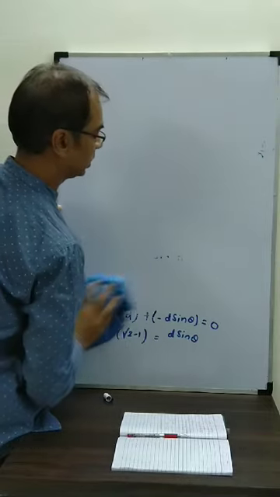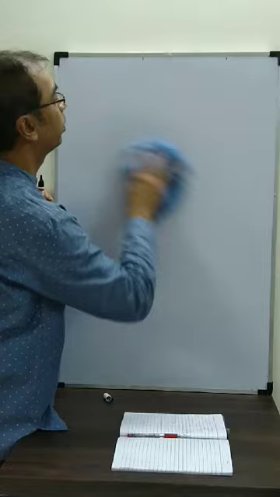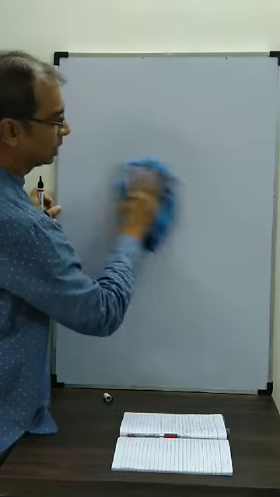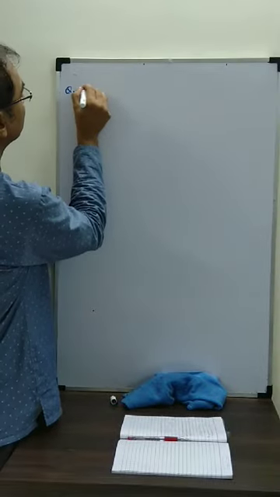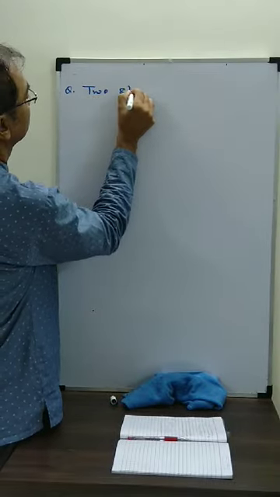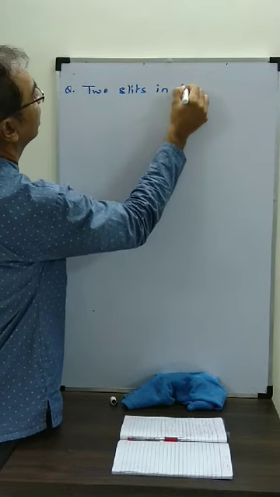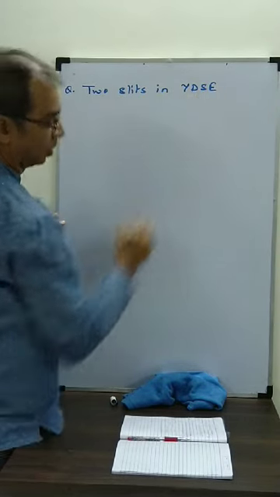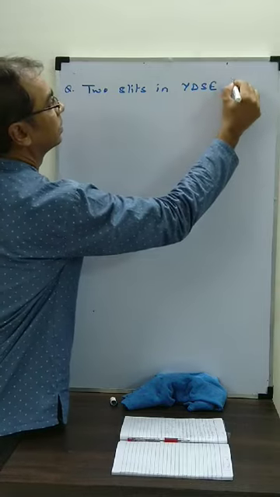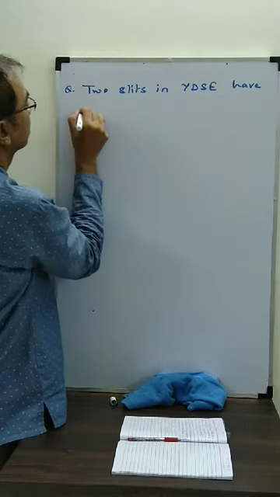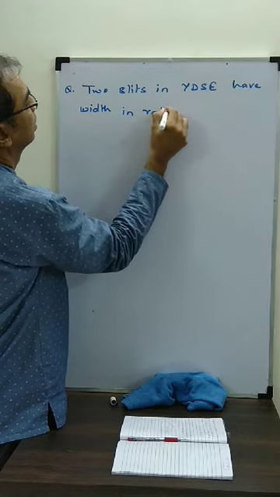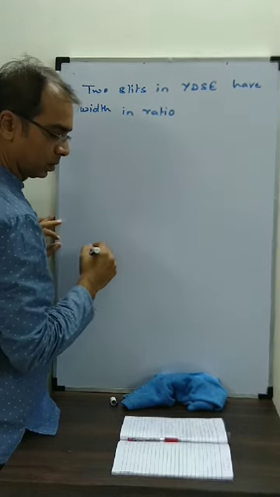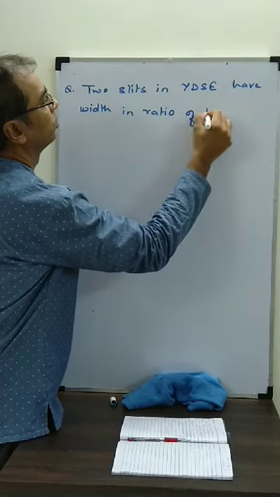The next question is a different type of question but very important, because these kinds of questions are asked in the exam. What is the question here? Two slits in YDSE, that is Young's double slit experiment, have width in the ratio of 1:4.